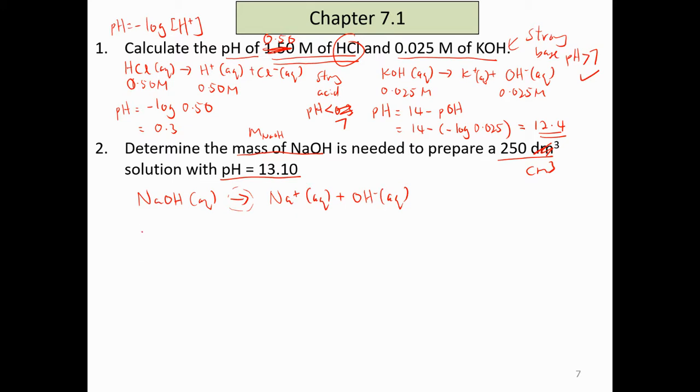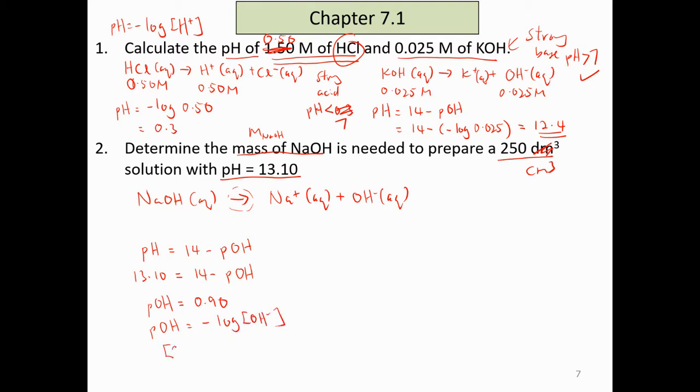So what we are going to do, we do it step by step. We know pH equals 14 minus pOH. So 13.1 equals 14 minus pOH, so pOH equals 0.9. From pOH, we know that it is negative log OH minus.